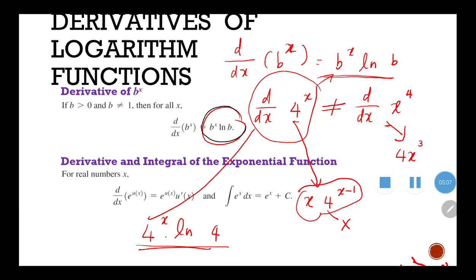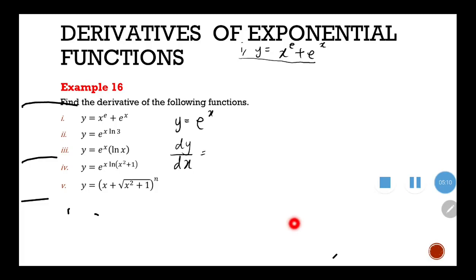So it should be e to the power of x ln e. Okay, and now we have y equal to e to the power of 3x.